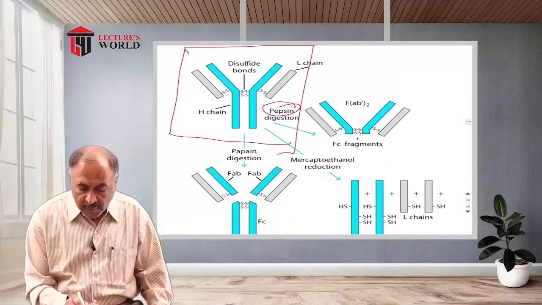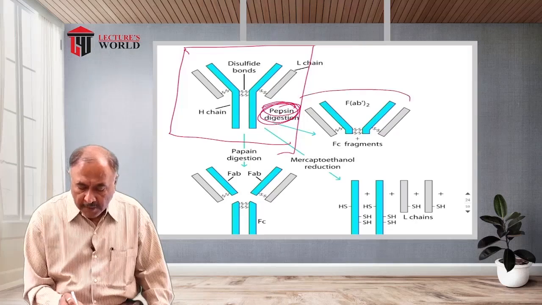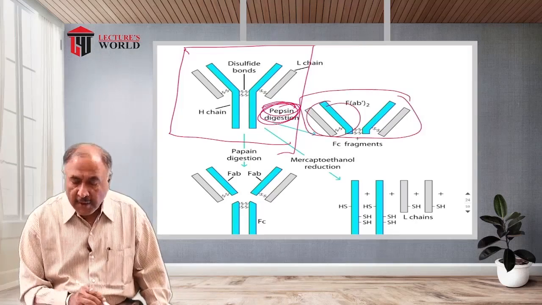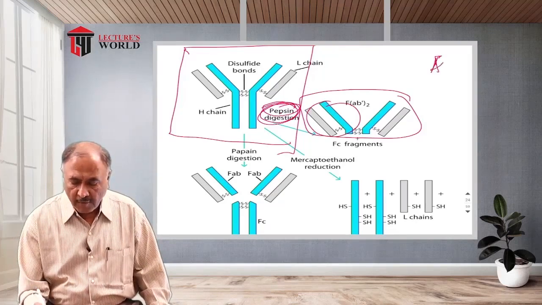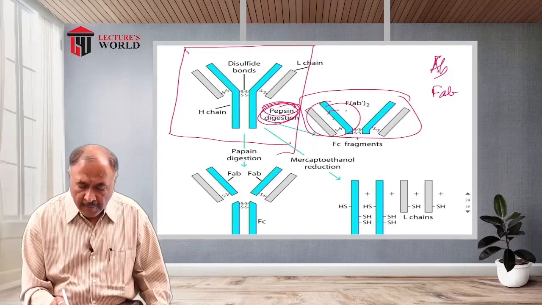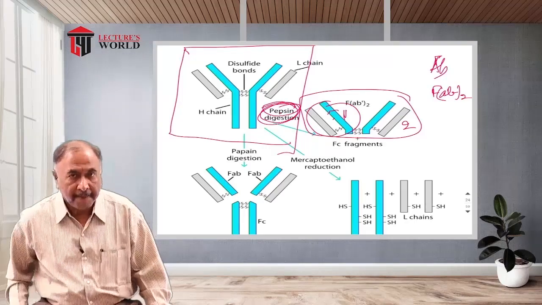So when they digested with pepsin, what they obtained was FAB. Why is it known as that? Because this is an antibody binding region. So we call them fragment antibody. How many are there? One, and this is two. So we write it as F(ab')2.